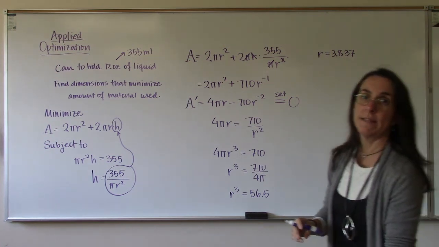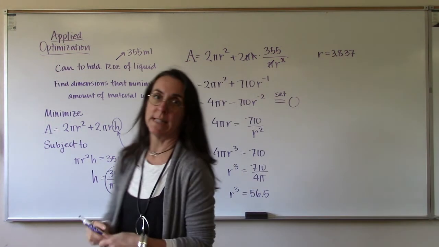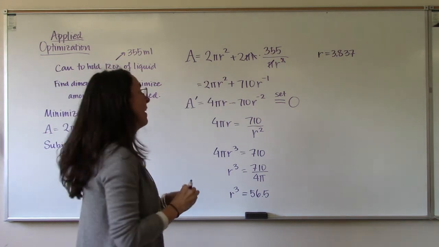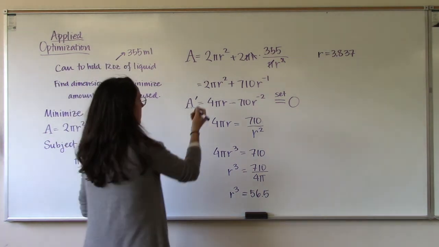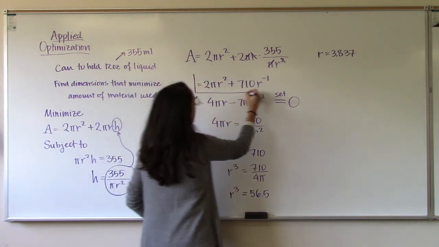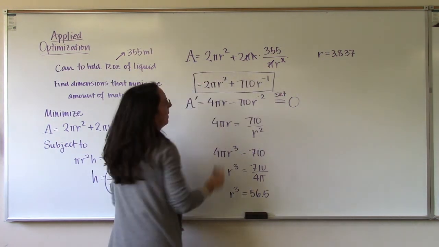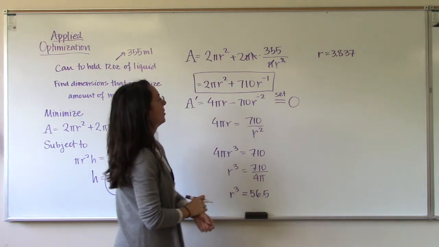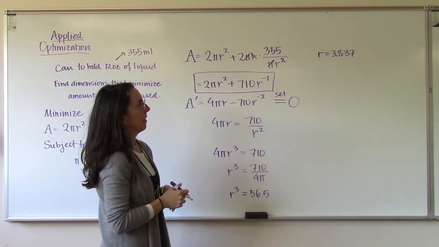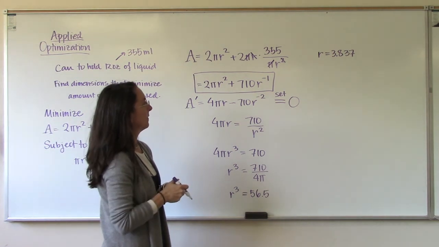How do I know that this value of R represents a minimum and not a maximum? Here's A right here, so I could graph A and check to see that this really is at the bottom of one of these curves.